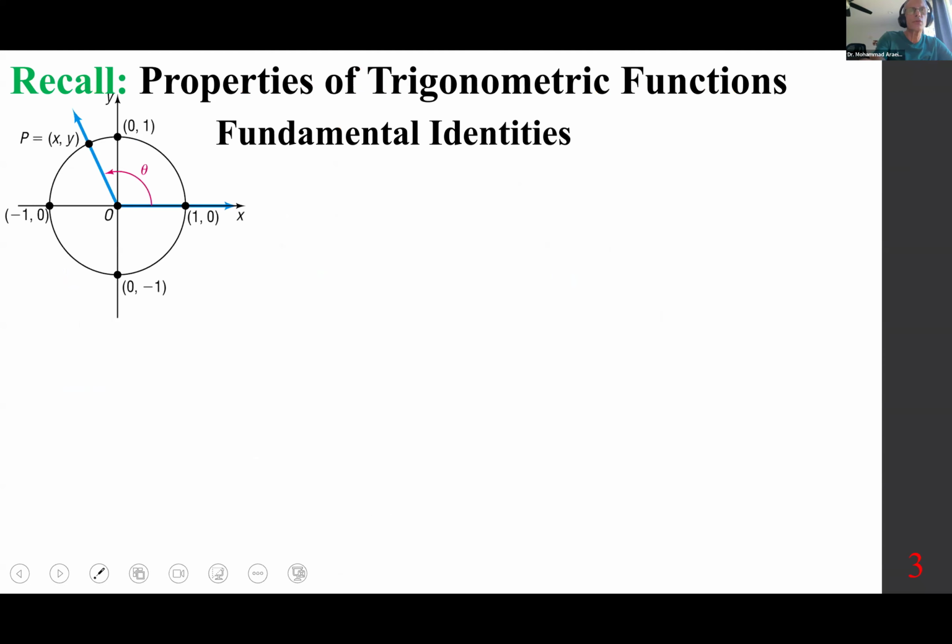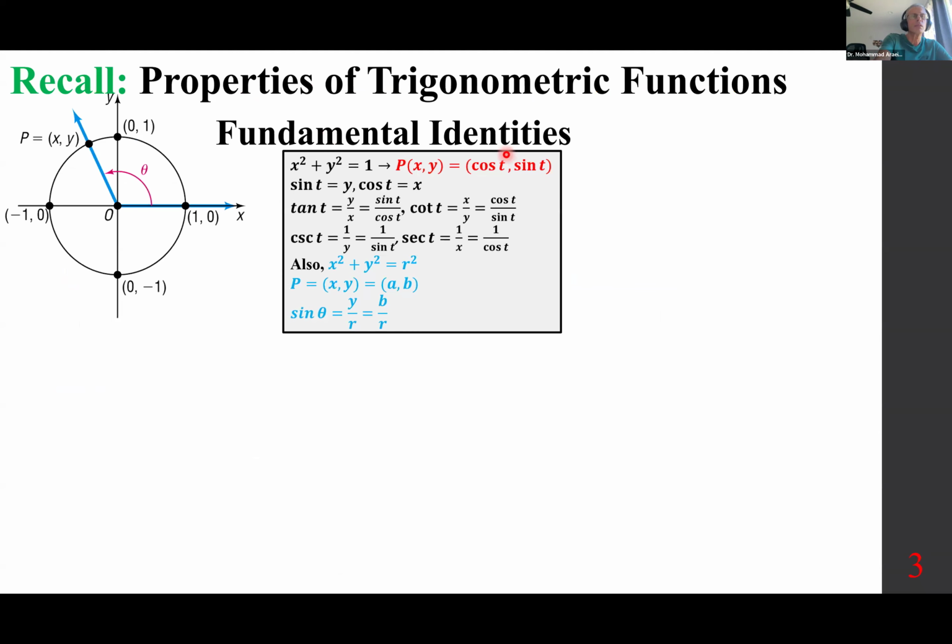So what have we covered so far? Properties of trigonometric functions, fundamental identities. Everybody should be comfortable with the following. This is a unit circle, x squared plus y squared equals 1. A point has coordinates x comma y, x or cosine t, y or sine t.